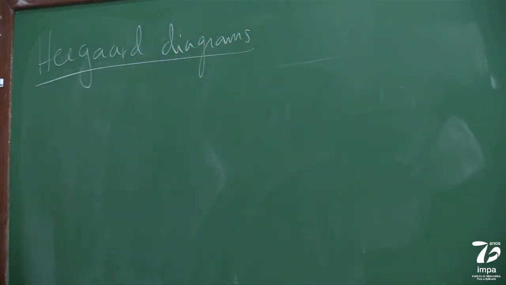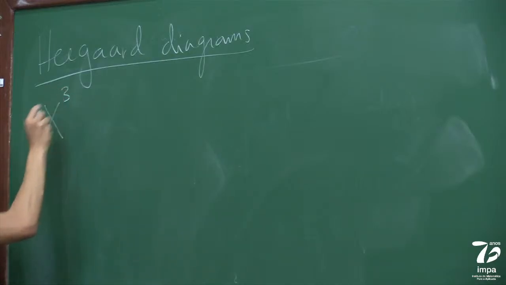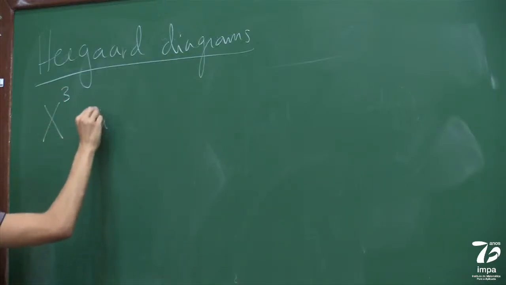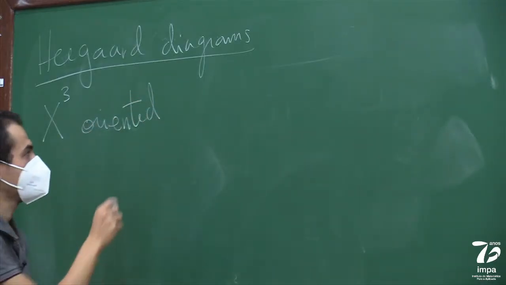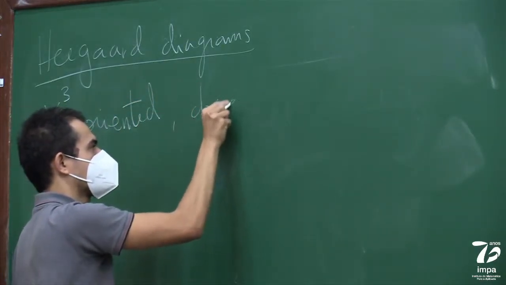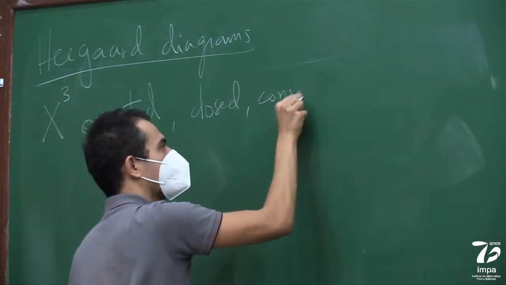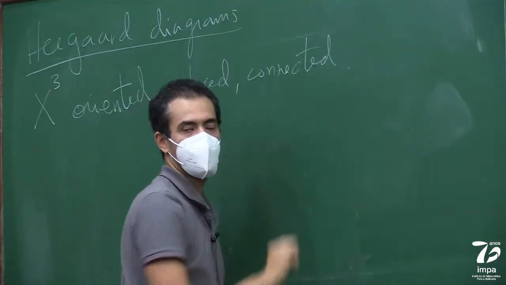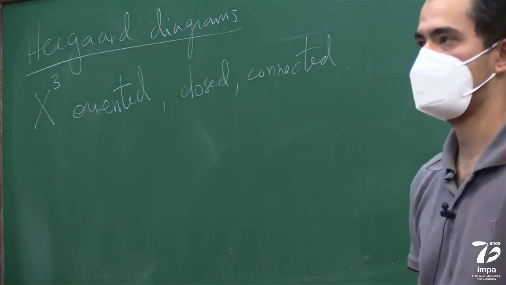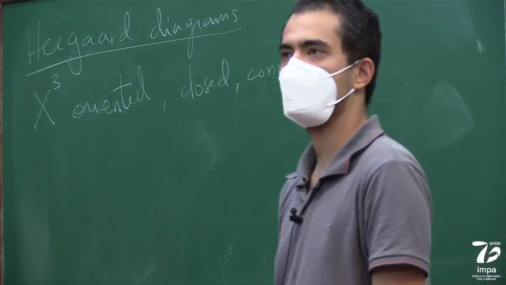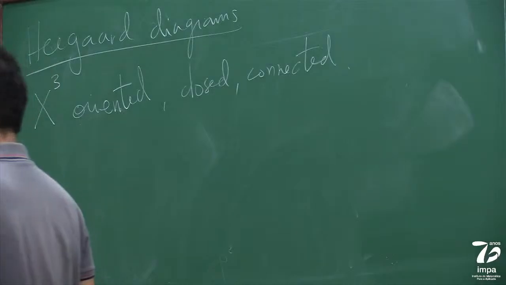So the idea is we're going to pick a three-manifold, which is orientable or oriented, closed, and connected. So we're really going to worry about only the oriented case, because the non-orientable case is more complicated. But basically, let's just keep the orientability for now.